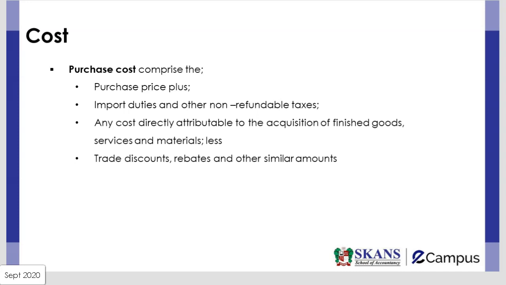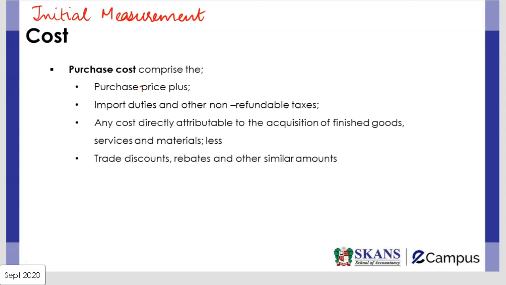So what we call the cost is the initial measurement of inventory. So for every item of inventory, we calculate the cost so that ultimately we are able to calculate the sale price, the profit, and overall evaluation of our business can be done accordingly.